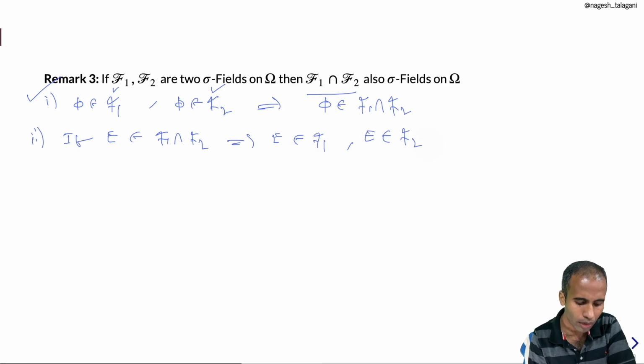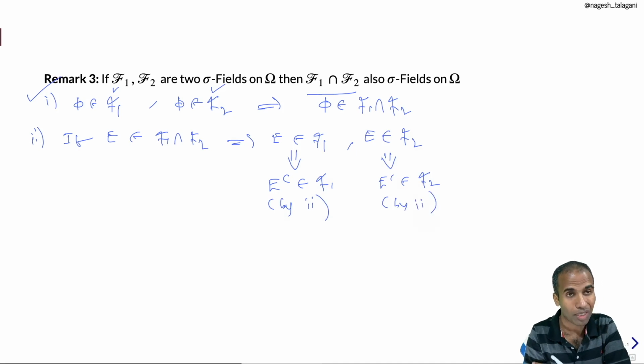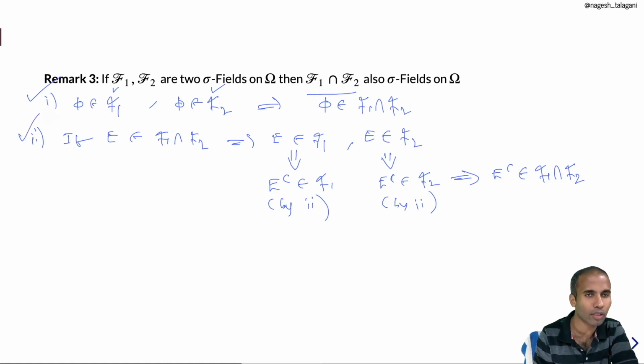Now, E belongs to script F1 implies E complement belongs to script F1 by condition 2, because script F1 is a sigma field. If E belongs to script F2, E complement also belongs to script F2, again by condition 2, because script F2 is a sigma field. Now you see that E complement belongs to script F1 as well as script F2, that implies E complement belongs to script F1 intersection script F2. Okay, second condition also verified.